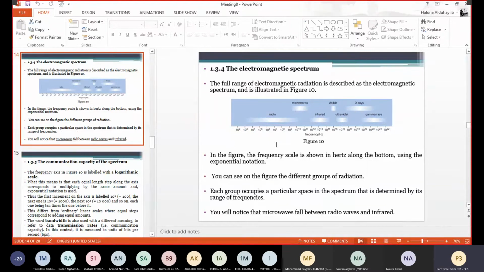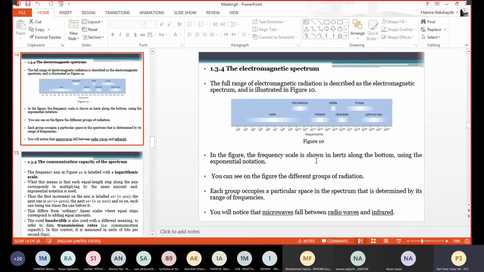So you can see in the figure the different groups of radiation. We can see here gamma rays, with a very high frequency. Radio has a lower frequency, and then microwaves. So we can imagine what we mean.